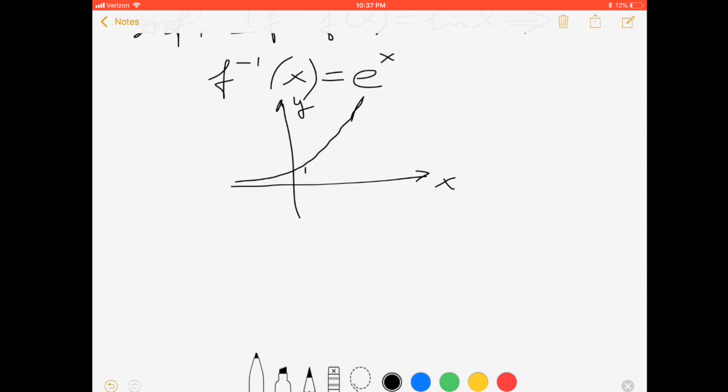The exponential function has all the properties you know. It's true for exponents: e to the a times e to the b is e to the a plus b.